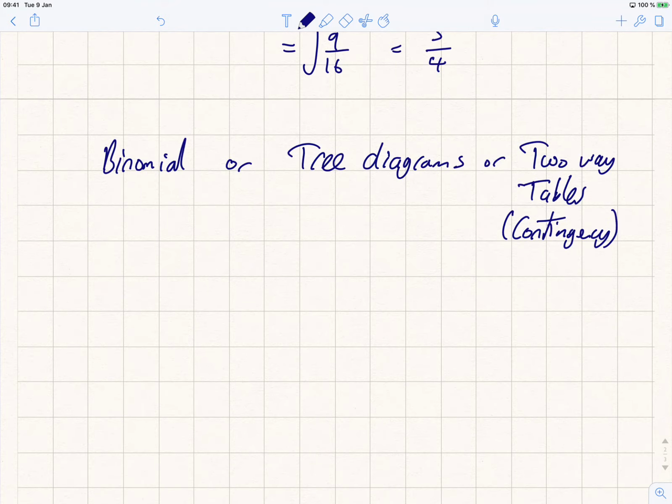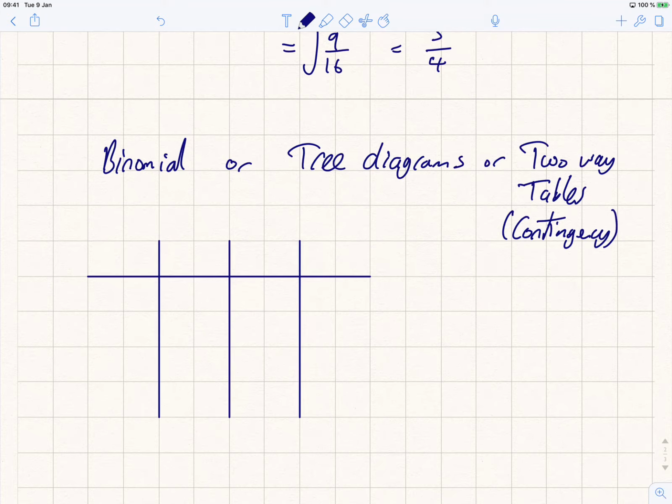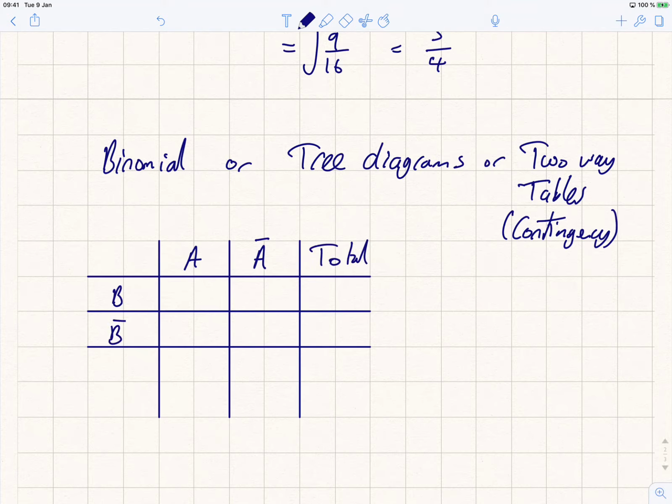Now, how do I know to do a two-way table rather than a tree diagram? Well, let's have a look at a two-way table. I'm just doing this really quickly. Here is event A, and this is the event A does not happen, and this is a total. And this is the event B, and the event B does not happen, and then we have the total there. We're told certain percentages.